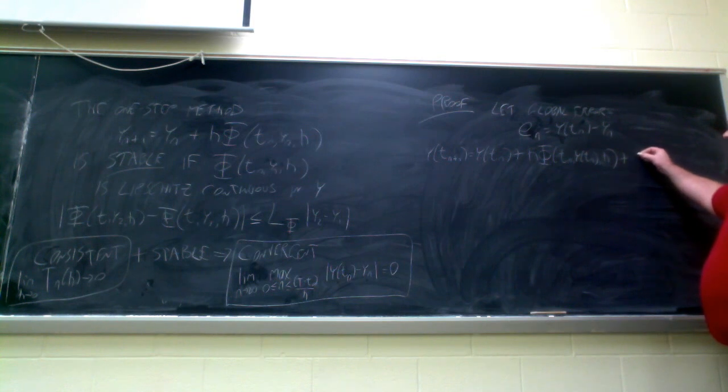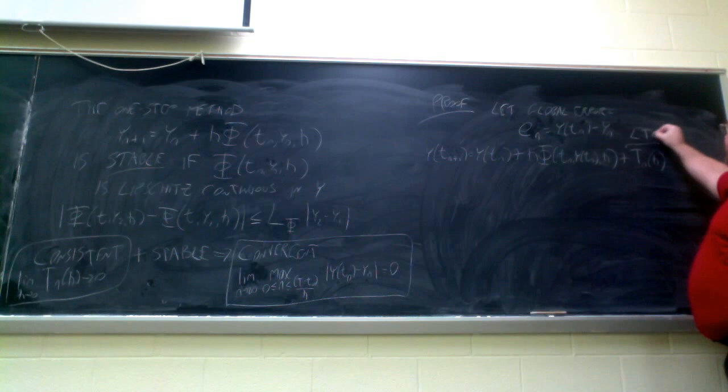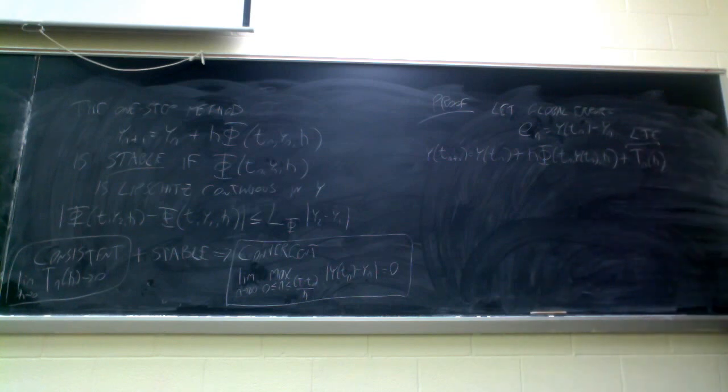I'm using the definition of local truncation error. All right, so this is your LTE, local truncation error. So again, this is algebraic rearranging of a definition I gave earlier.